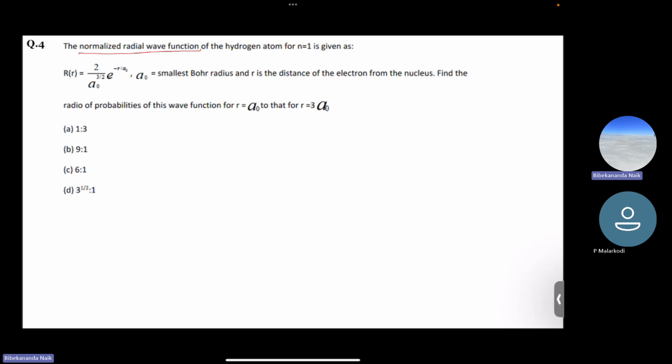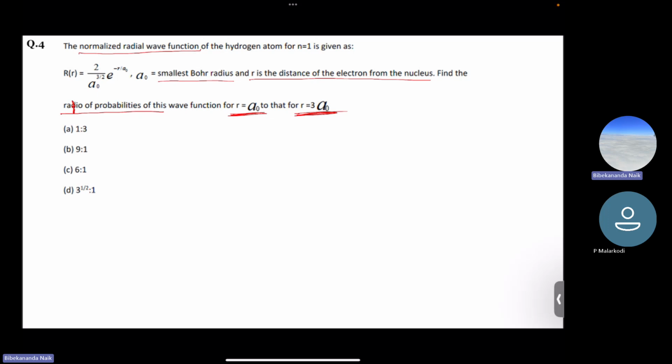It is (2 by a0) to the power 3 by 2 exponential minus r by a0, where a0 is the smallest Bohr radius and r is the distance from the electron to the nucleus. Then find the ratio of probability. So this is ratio, not radio. Find the ratio of probabilities of this wave function for r equal to a0 and r equal to 3a0.